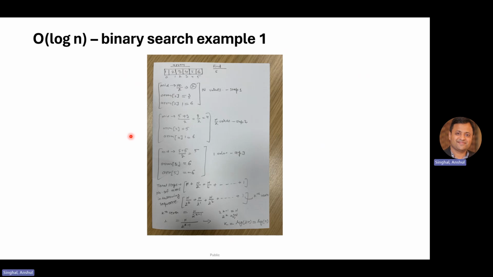Let's say we are given a sorted array 1, 2, 3, 4, 5, 6, and we have to find 6. One aspect of understanding it is keeping in mind how linear search works.